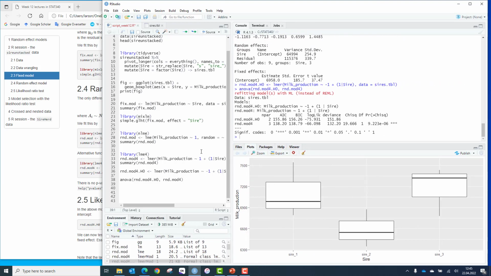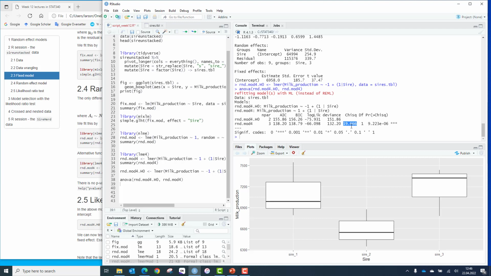And when you run this code now, you get this output here. So now you can see we compare the simpler model here to the more complex model here. And here is the log-transformed likelihood value for the first, and this is the log-transformed likelihood for the second. And here is actually the likelihood ratio statistic transformed into a chi-square value.